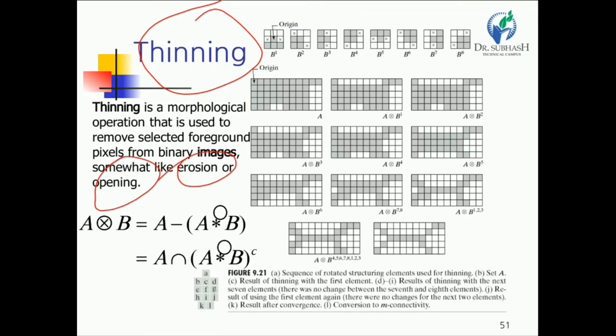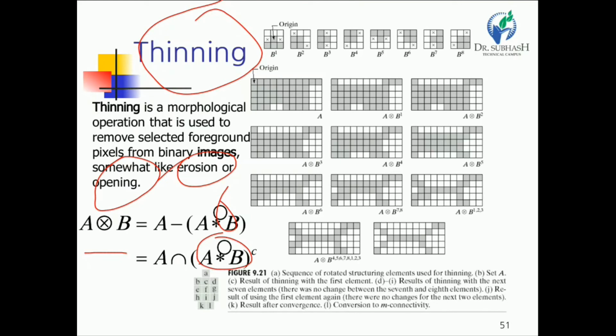The mathematical representation of the thinning function is: A thinning B equals A minus the hit-or-miss of A with B, which equals A intersect the complement of the hit-or-miss of A with B. This is the function of thinning.